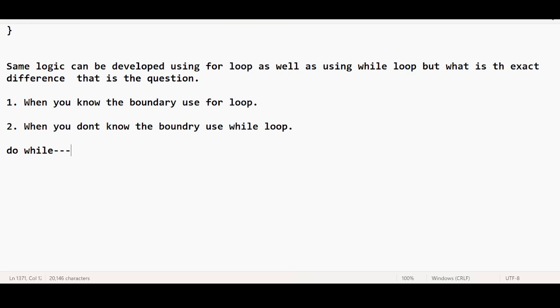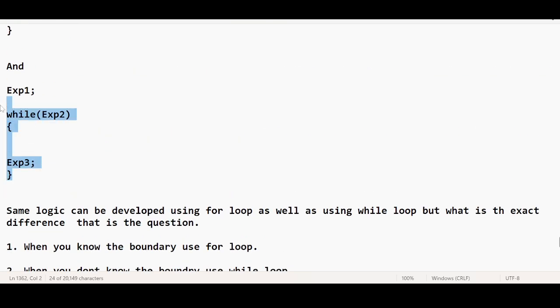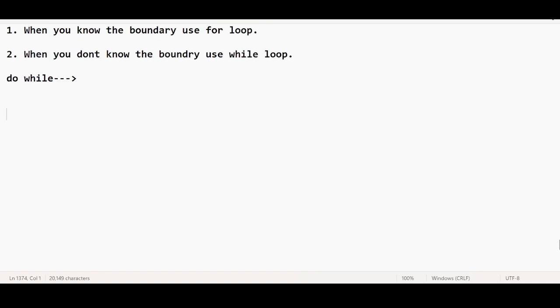Do while looping statement. This is the same as while, but there is a little difference. The syntax is like this: do is a keyword, then an open parenthesis and a closed parenthesis. You will place the condition here. Here the conditional check will happen.